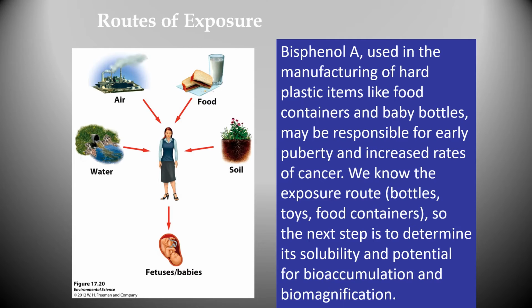So you should make sure that you get bottles that say that they're BPA free, or any water bottles, BPA free should be on it. We know the exposure route, like the bottles, the toys, the food containers. So the next step then is to determine its solubility and its potential for bioaccumulation and biomagnification.